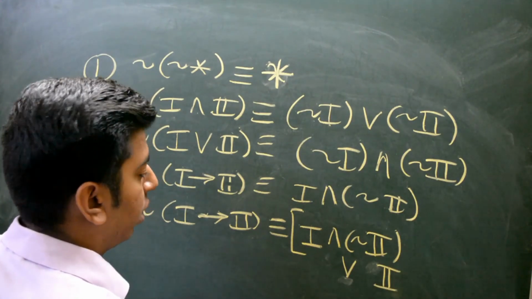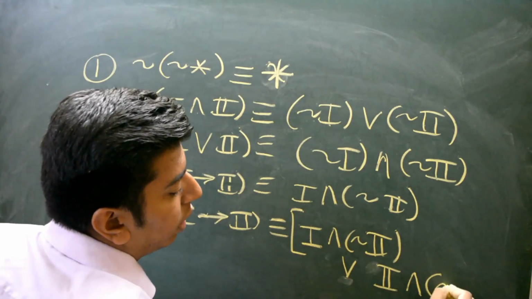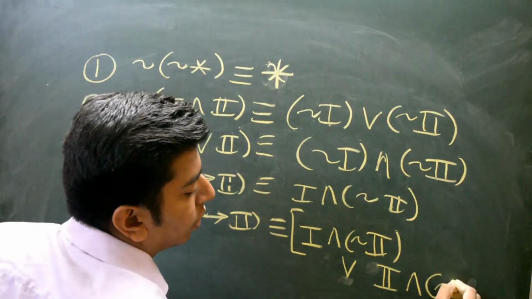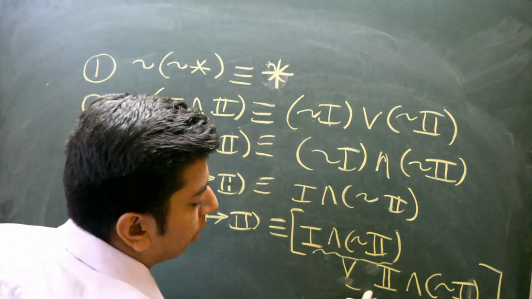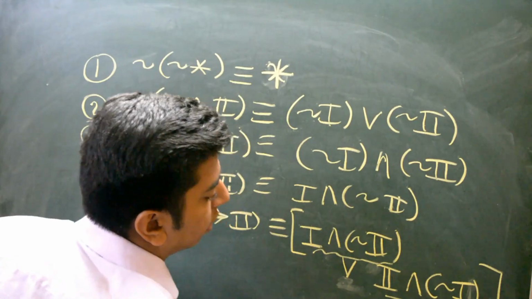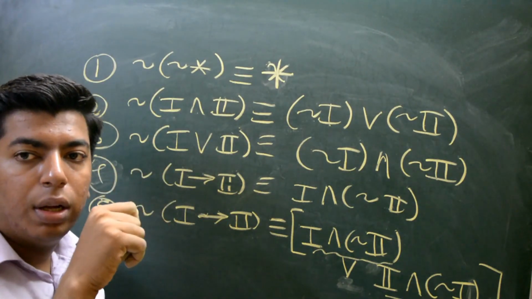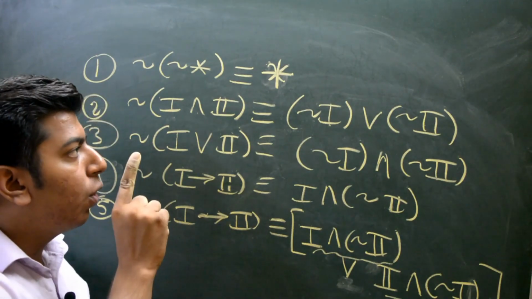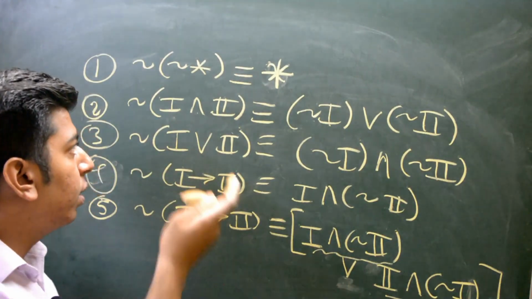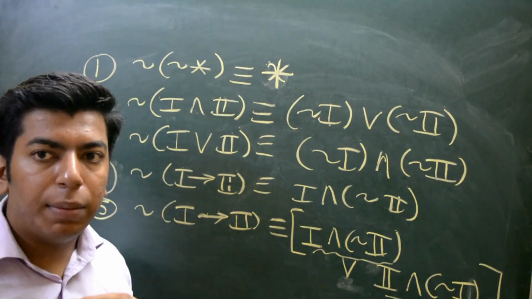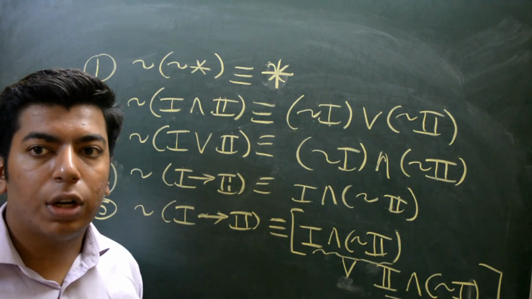You have to make the truth table for all these 5 formulae by keeping the first and second as T and F, and by making the truth table as I have already taught you.